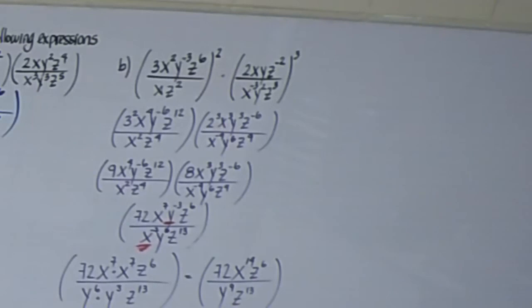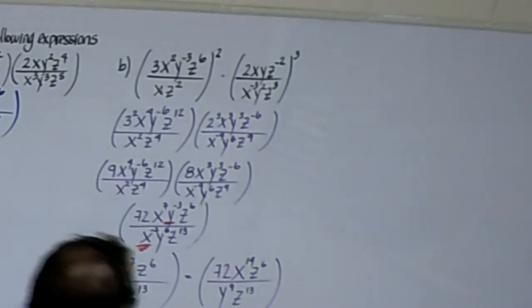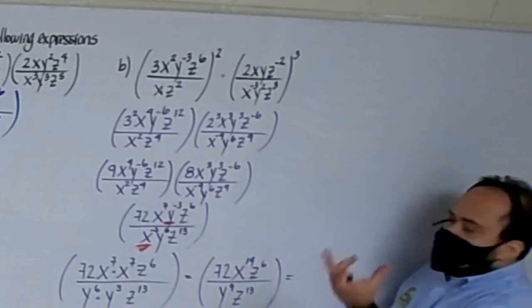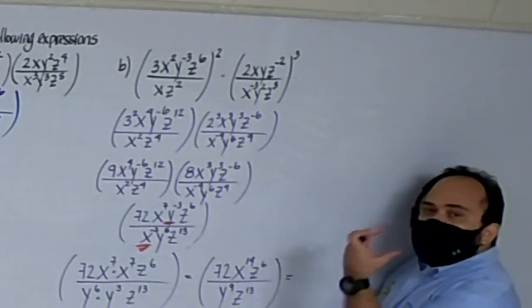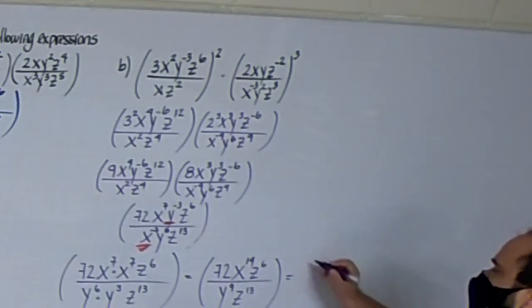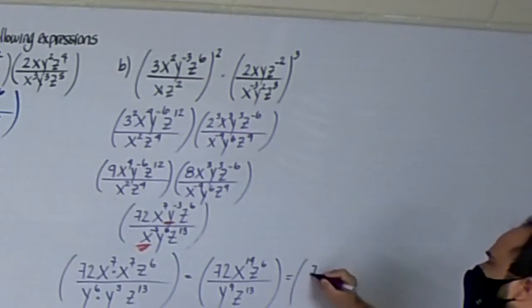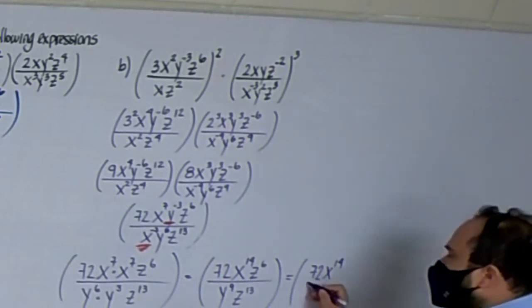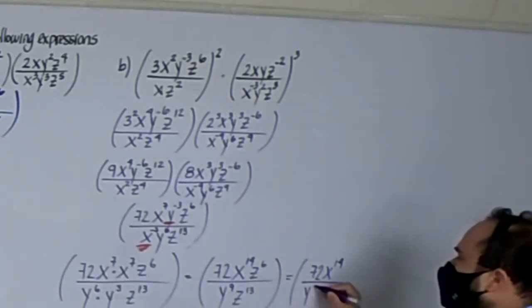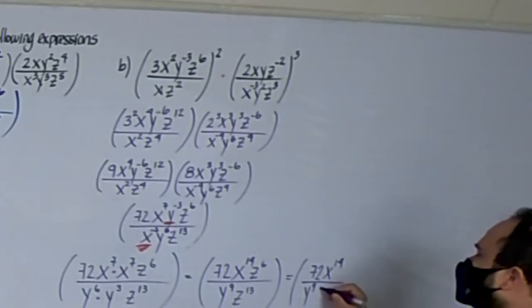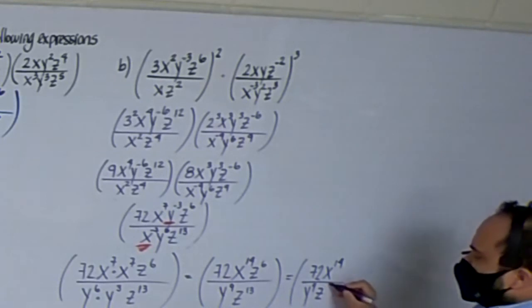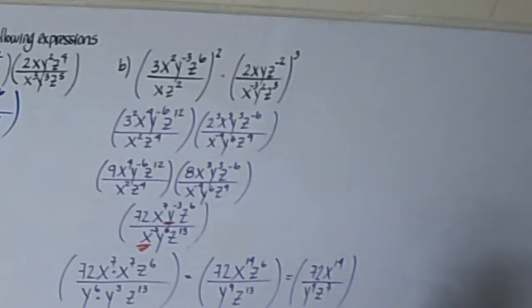So if you want to avoid writing z to the negative 7, it's simple. I'm going to copy the letter z in the place where the bigger one was originally located. In other words, we have 72 x to the 14th power over y to the 9th power, and z to the 7th power. Why do I copy it over here?